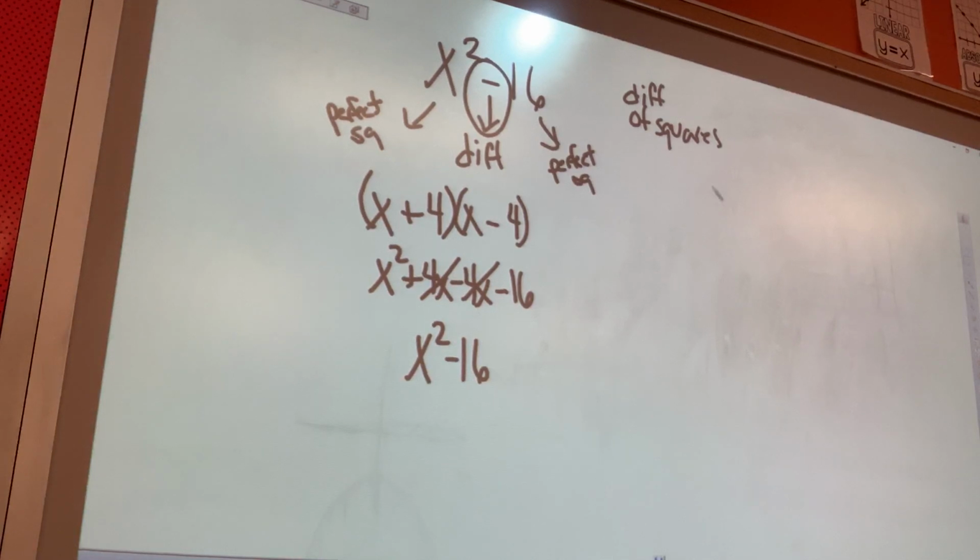So anytime I see this, x squared minus 81, bingo, perfect square, x plus 9, x minus 9.